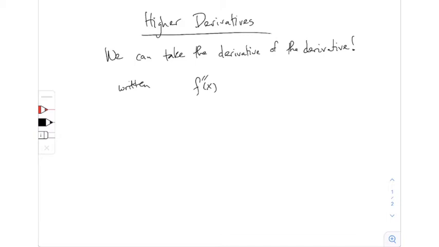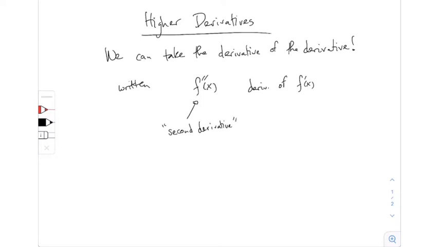F double prime is the derivative of f prime of x, right? F prime of x is the derivative. F double prime is the derivative of the derivative. In this context, this is referred to as the second derivative, because you get it by doing the derivative twice.